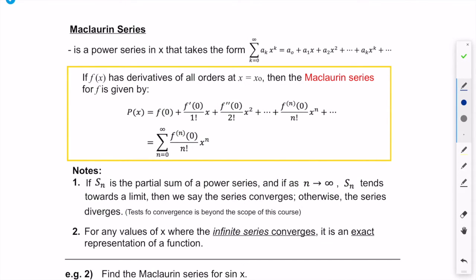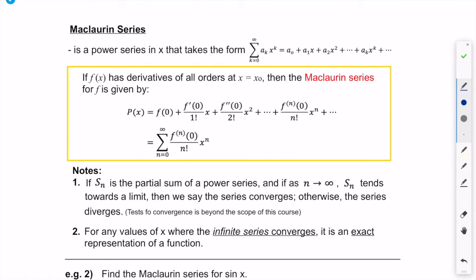So if you take a look at the yellow box here, we have the formula for finding the Maclaurin series. You will notice that it is very similar to what we have used to generate the Maclaurin polynomial, right? You start from f of 0 plus f prime of 0 over 1 factorial times x plus f double prime at 0 over 2 factorial times x to the power of 2.